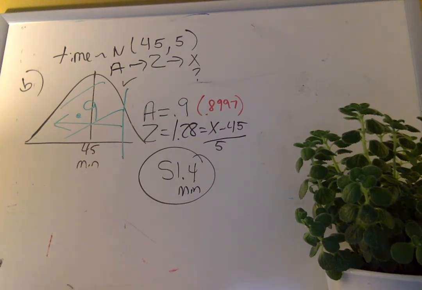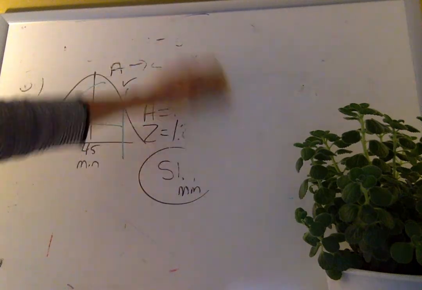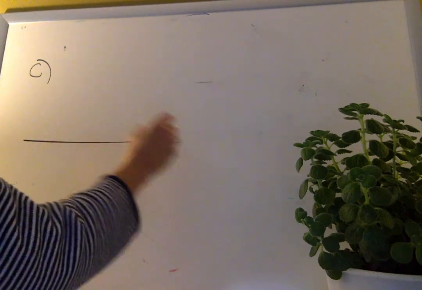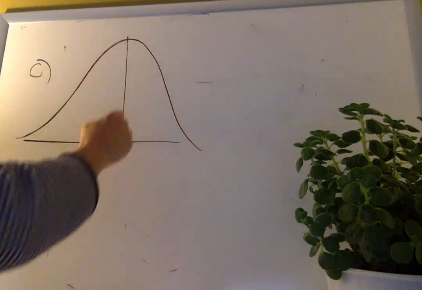All right, one more question, or part. And I keep erasing my beginning part, but that's okay. C. How much time is required for the fastest 25%? All right, they've given me an area.